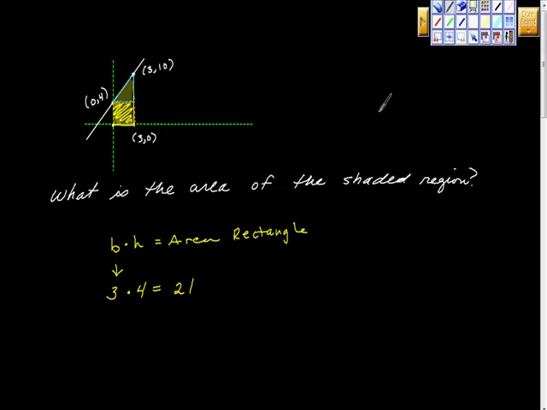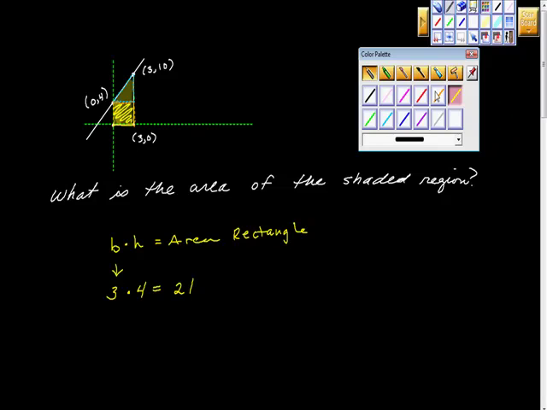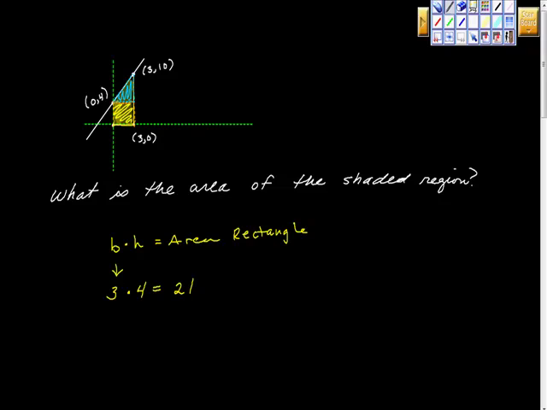But that only gives us this piece. We have another piece that we have to account for. What color should we make it, you guys? Let's make it something pretty. Let's just make it blue. So we need to find this area here. It's the area of a triangle, and it's a right triangle.